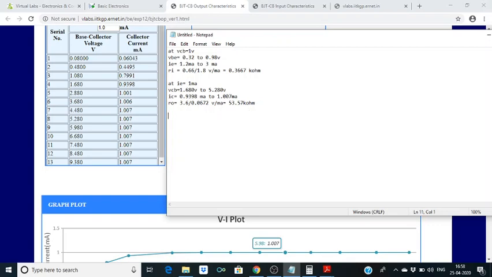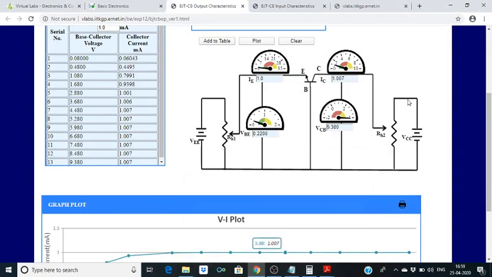Now to calculate current gain, we will take it at a constant VCB. Suppose we are taking it at VCB equal to 1 volt. In this case we will calculate IC and IE, which we can see from the output characteristics here.